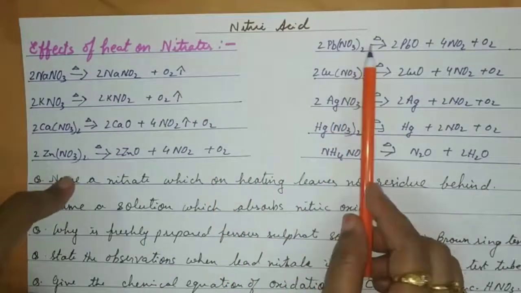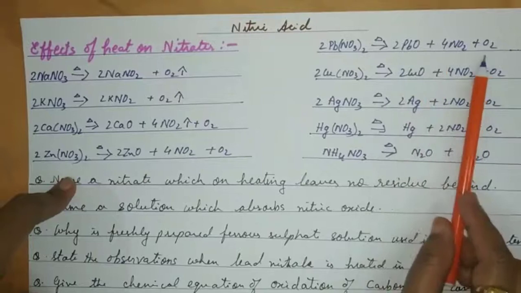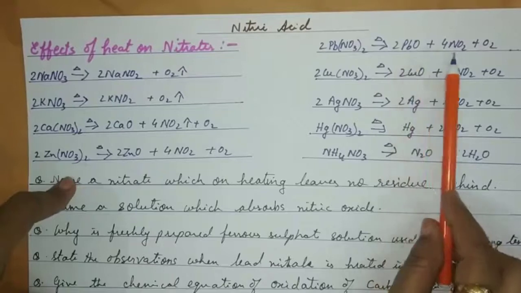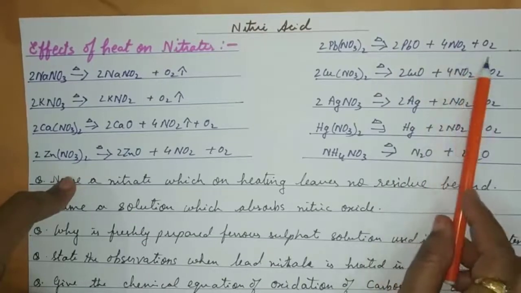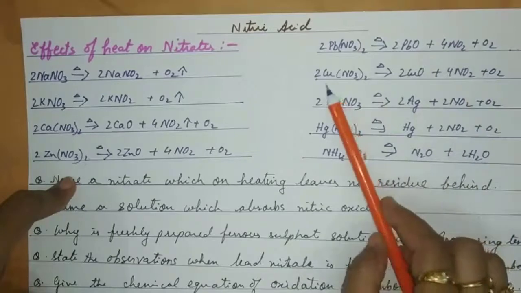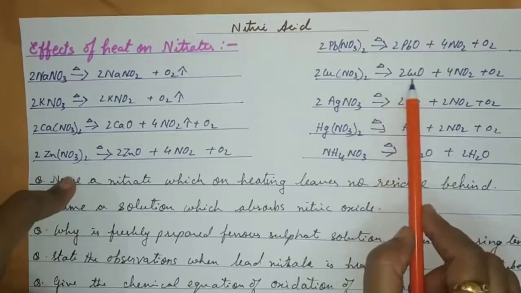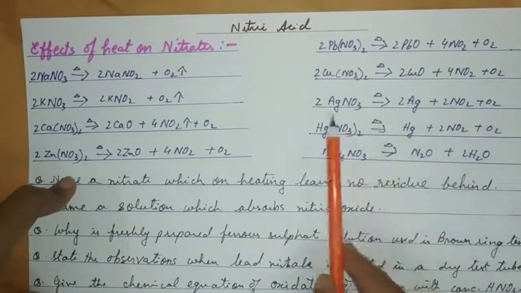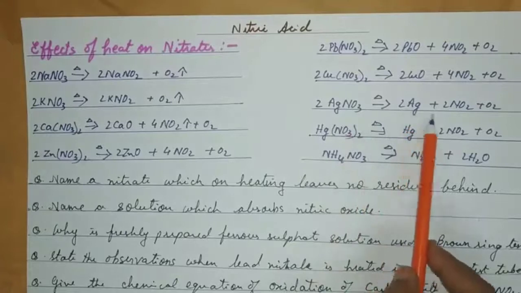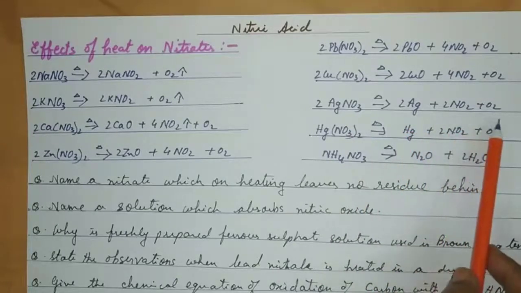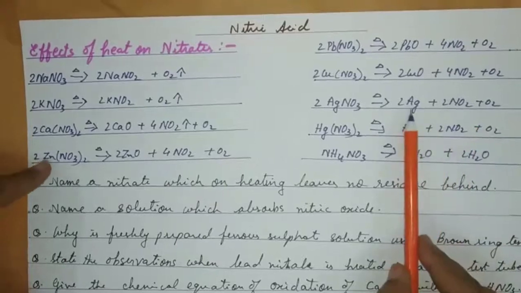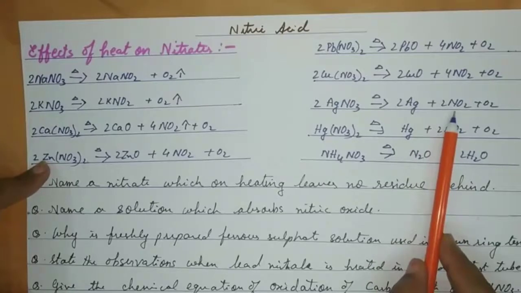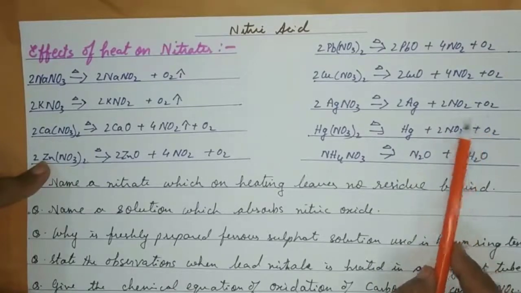Lead nitrate on heating will give you lead oxide, nitrogen dioxide and oxygen: a residue which is yellow and fuses with the glass, a reddish brown colored gas, and another gas which rekindles the glowing splinter. Copper nitrate gives you a black residue, reddish brown colored gas, and another gas which rekindles the glowing splinter. Silver nitrate will give you silver, nitrogen dioxide and oxygen, and the observation is a silver metal, reddish brown colored gas, another gas that rekindles the glowing splinter.